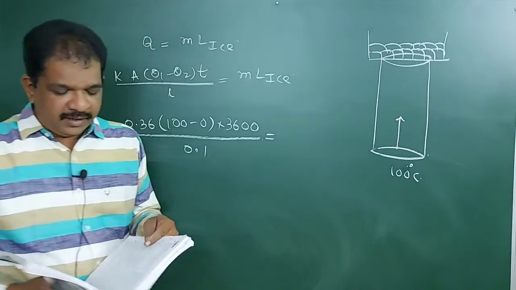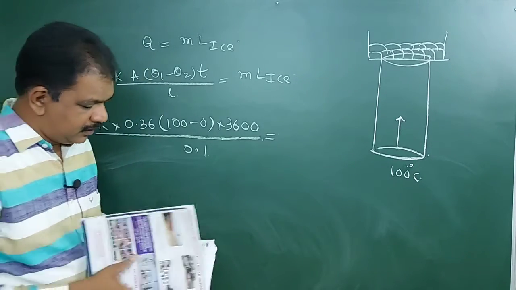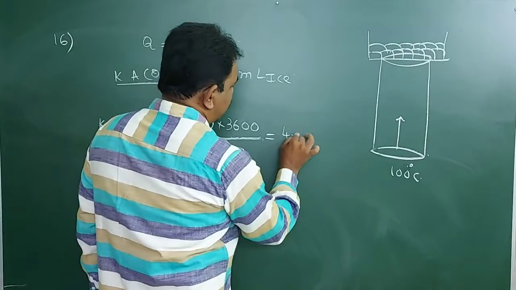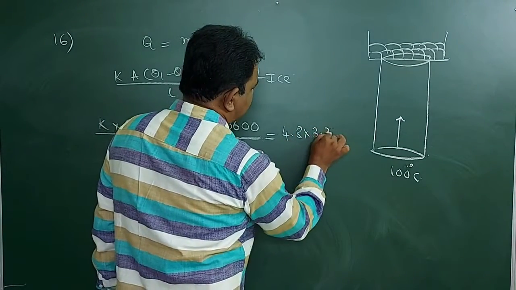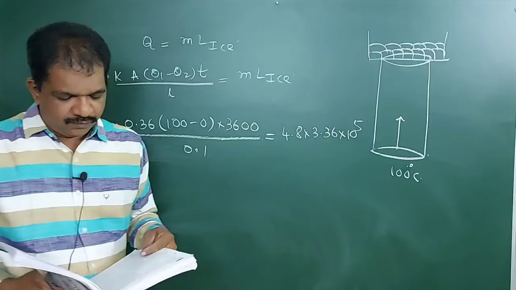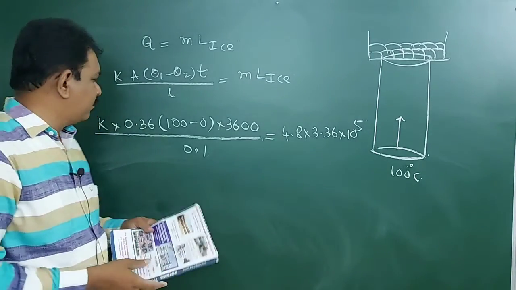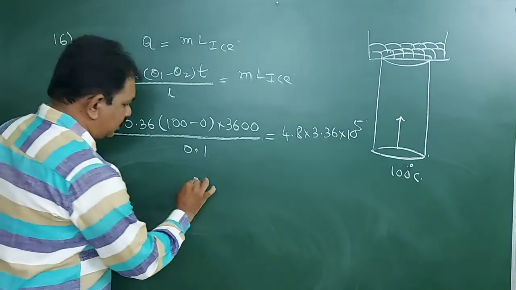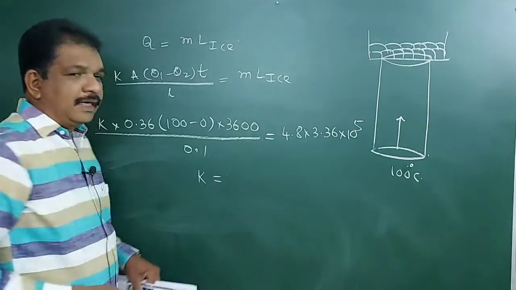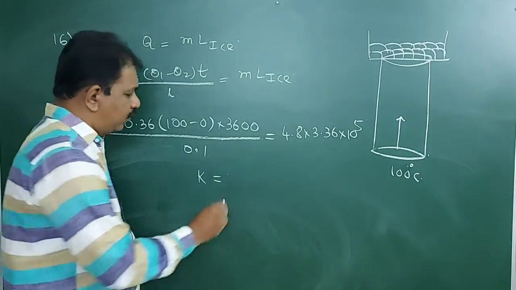The mass of the ice melted will be 4.8 kg. L is 3.36 into 10 power 5. You do the calculation. Finally, we will get the K value as 1.24.